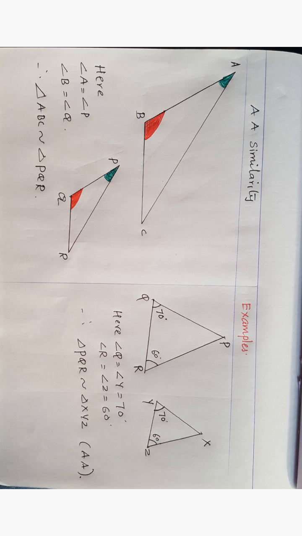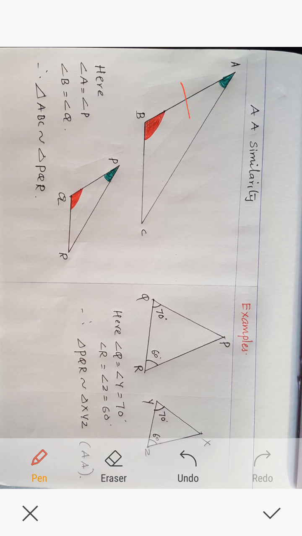What I mean is, if triangle ABC is similar to triangle PQR, here we can prove ABC similar to PQR because these two pairs of angles are equal. If they are similar, then we can write angle C equal to angle R also. Moreover, we can write AB by PQ equal to BC by QR equal to AC by PR.